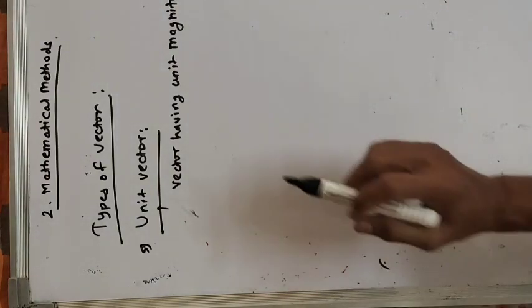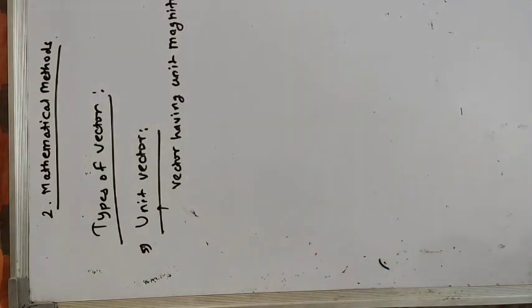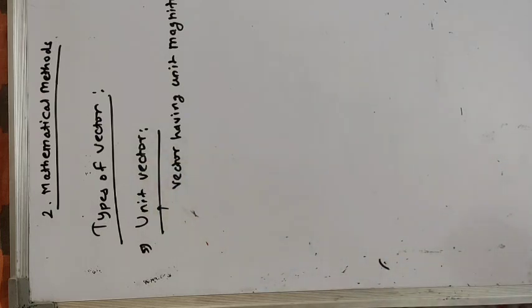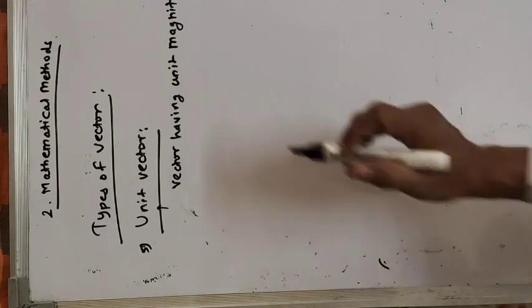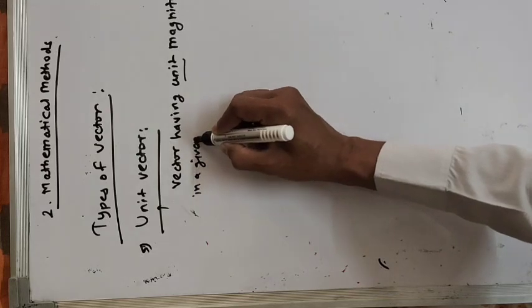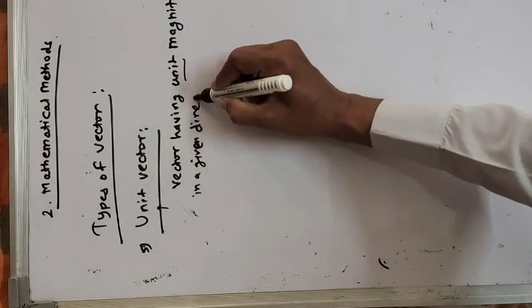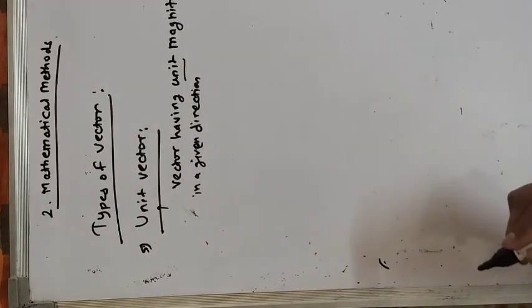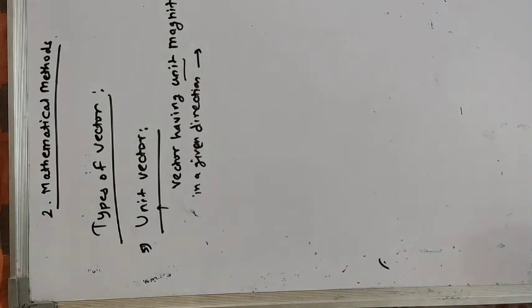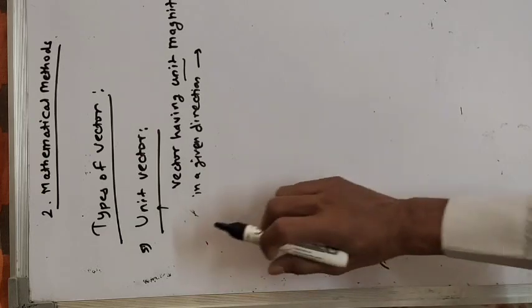But as it is a vector, we have to think about the direction too. So a vector having unit magnitude in a given direction is called the unit vector of the given vector.